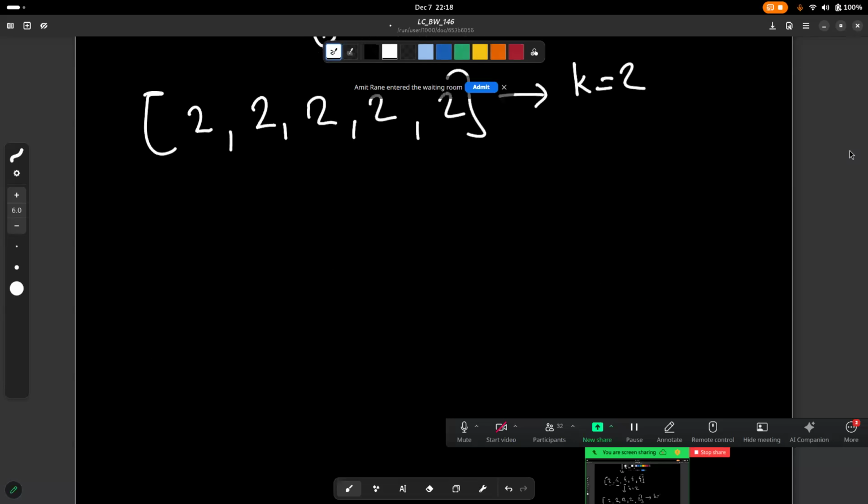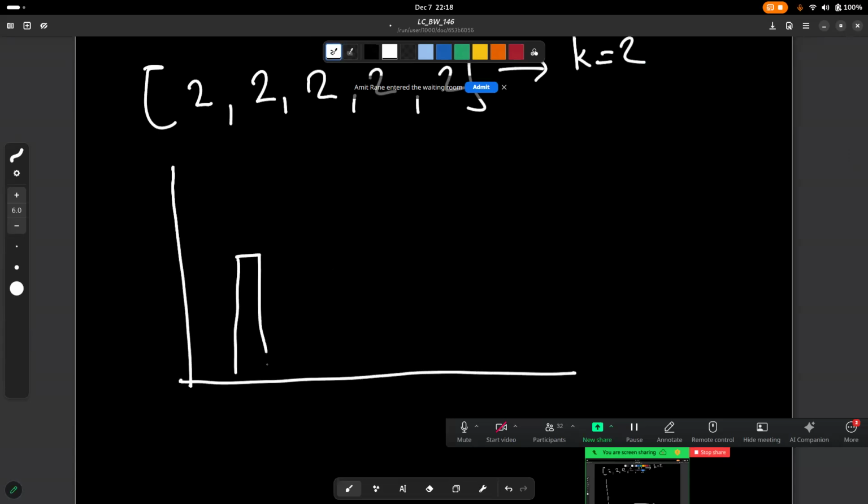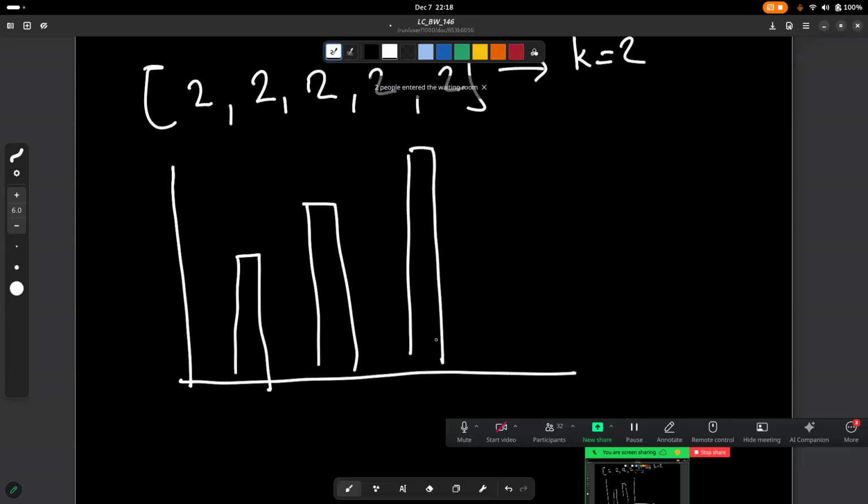Now, to get an intuition of what we want to do over here, our graph would look something like this. The problem given to us is something like this. You have these elements, and again, I am considering these elements in a sorted sense. You have this value of k over here. You want to calculate the minimum number of operations needed to bring down all these elements down to k.